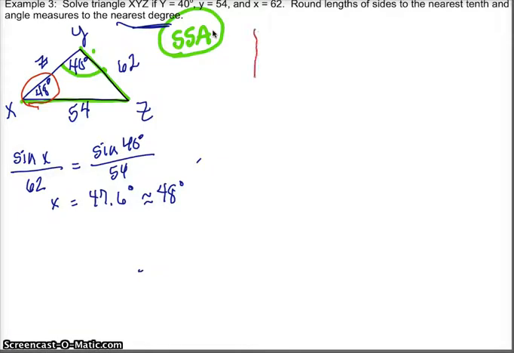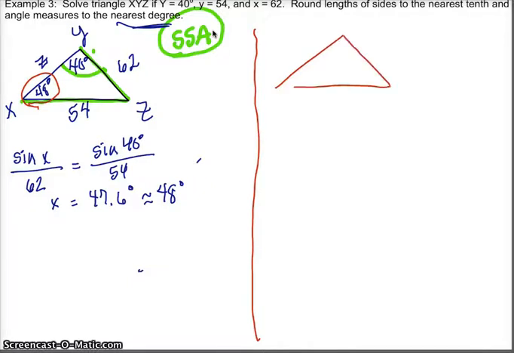So I'm going to go ahead and draw triangle number 2, labeling it only with the given information. We only want to use the information that was given originally in the problem.